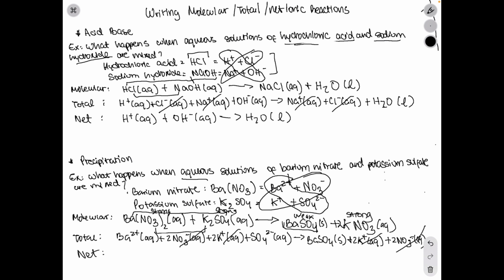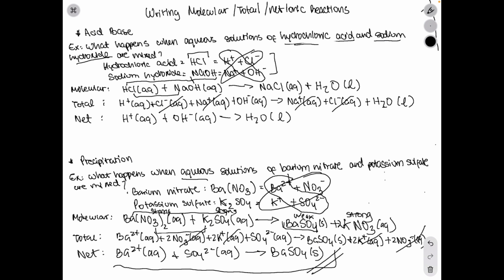The species actually driving the reaction are Ba2+ aqueous and SO4 2- aqueous, and then BaSO4. So that would be your net ionic equation.